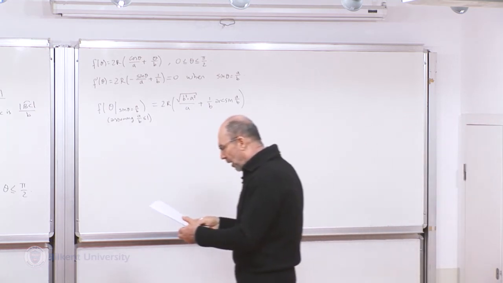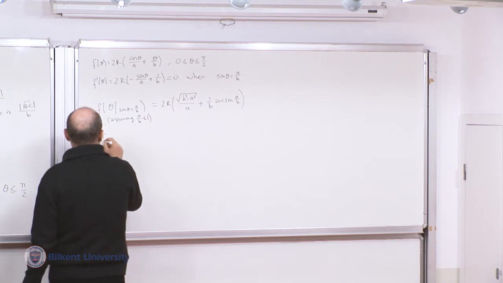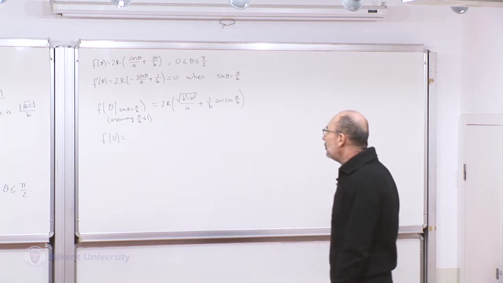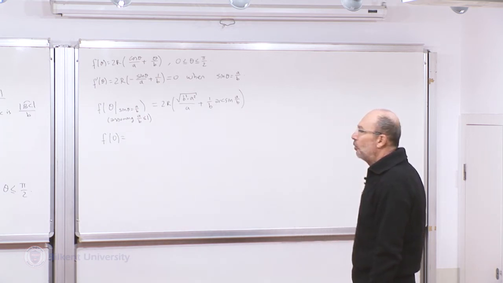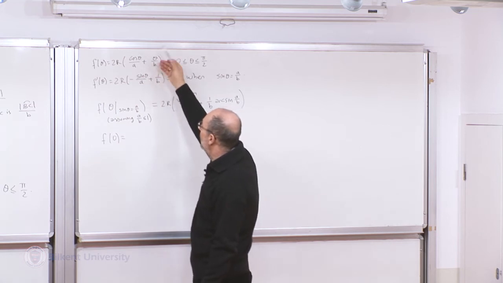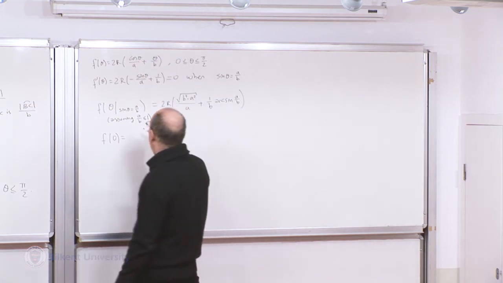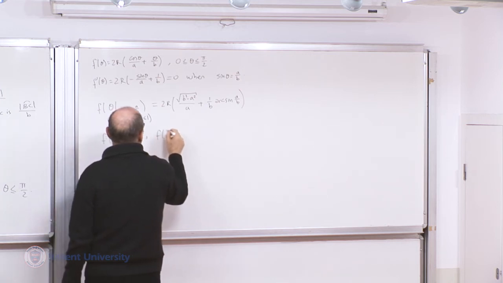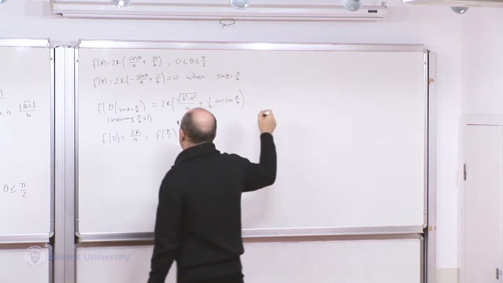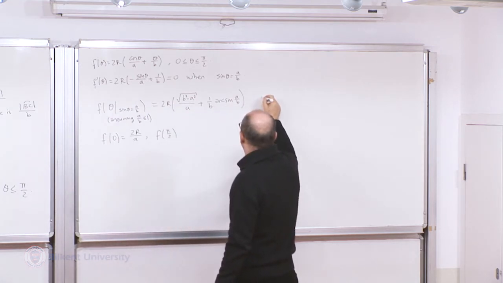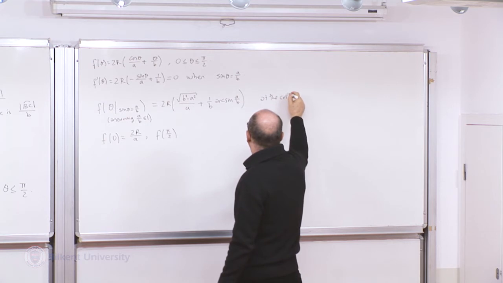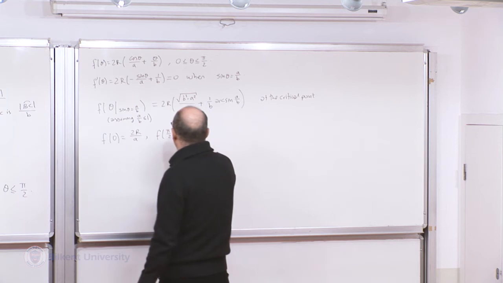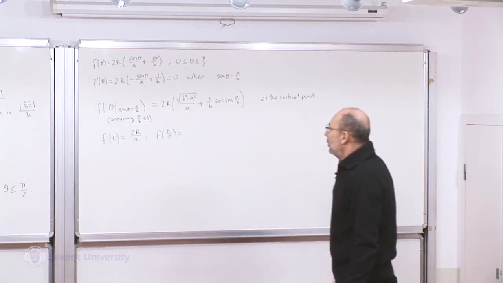Then you calculate the endpoints. The endpoints are easy. F of 0 is 2r over A, since cosine theta is 1 and the other term is 0. Then you look at f of pi over 2.